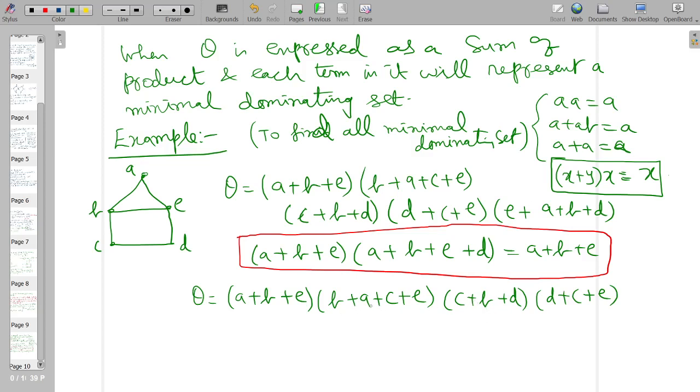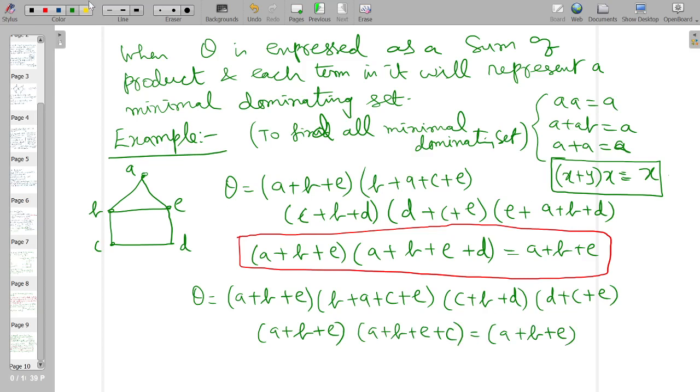The four terms are different. Now again I will be using the same rule: (a plus b plus e) into (a plus b plus e plus c) would be a plus b plus e.